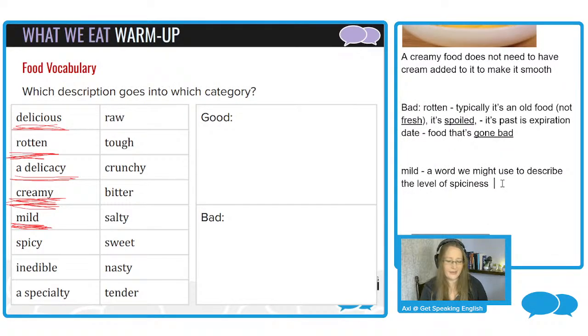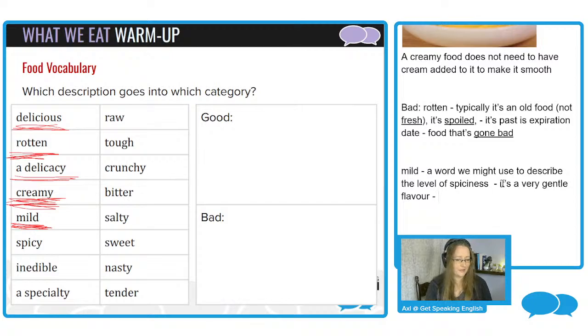Yeah, because something mild is kind of in between. It's very gentle, right? So maybe there's a slight flavor, but it's not too strong, or maybe there's a slight spiciness, but it's not too strong.